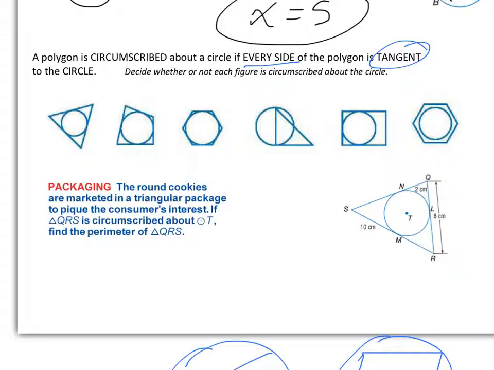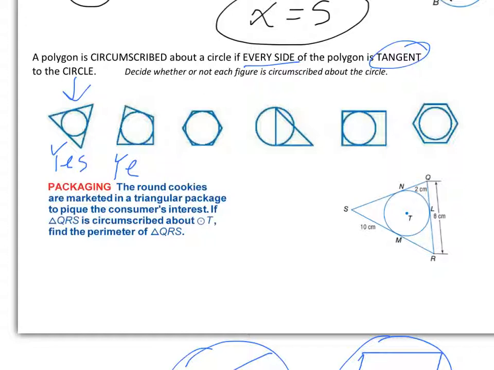So look at this first example right here. We have a triangle. Notice that all three sides of the triangle intersect that circle at one point. So yes, that is an example of a polygon that is circumscribed about a circle. The next example, yes, even though it's not a regular polygon, every side of that polygon is tangent to the circle.